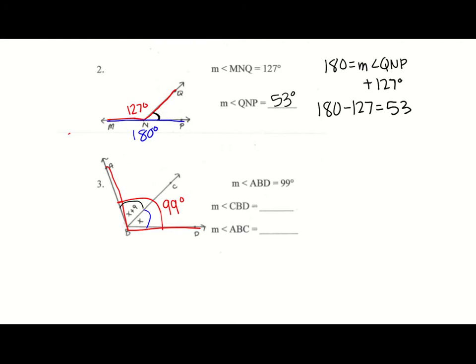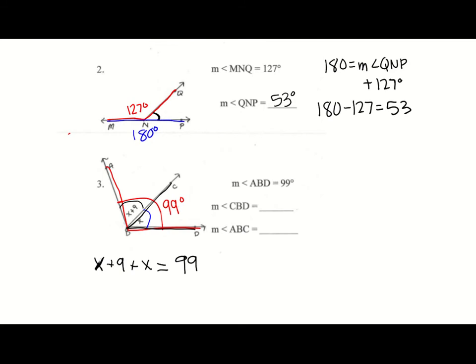So if I'm taking this angle ABC, which is x plus 9, and add it up with this angle CBD, that would be x, and I know that whole thing is equal to 99 degrees. Now I can solve this equation for x and figure out what those angles are.